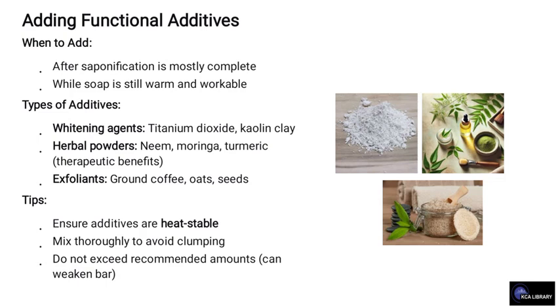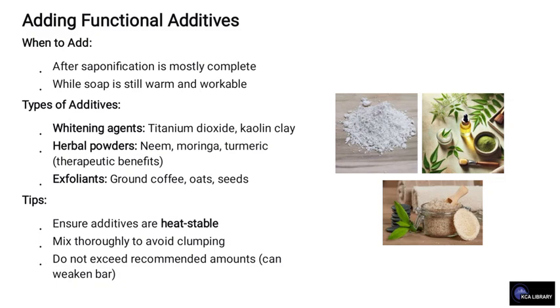That is to meet the demand of Nigerians, the Nigerian style demand. Adding functional additives. When do you add additives? You add them after saponification is mostly complete, and you add while the soap is still warm and workable. Types of additives. We have the whitening agent, for example titanium dioxide or kaolin clay. Another additive is herbal powders.